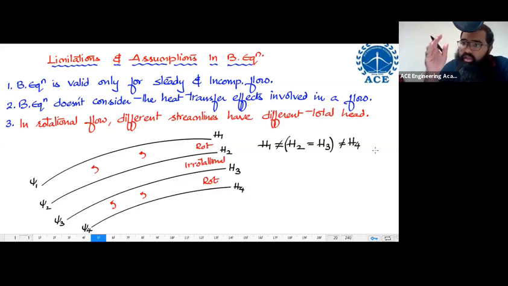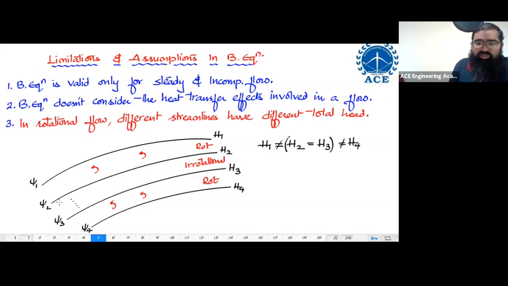In irrotational flow region, all streamlines will have same total head. Imagine between psi 2 and psi 3, I can have n number of streamlines taken, because streamlines are imaginary concepts. You can take streamlines anywhere. Only thing, the flow should not cross the streamline. So I can have n number of streamlines. All these streamlines are supposed to have same total head.